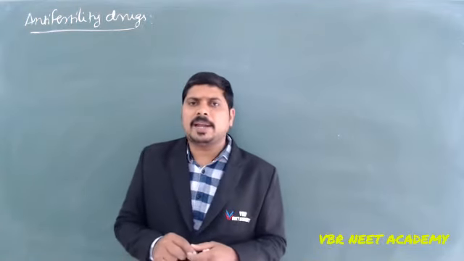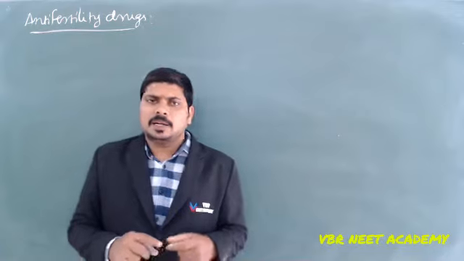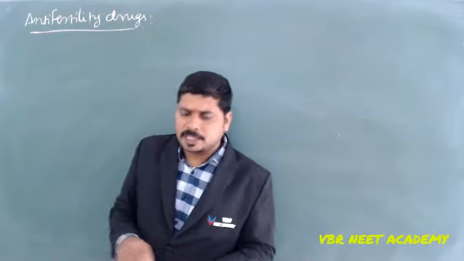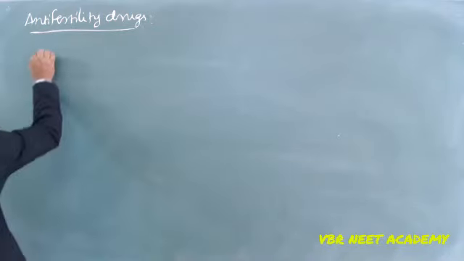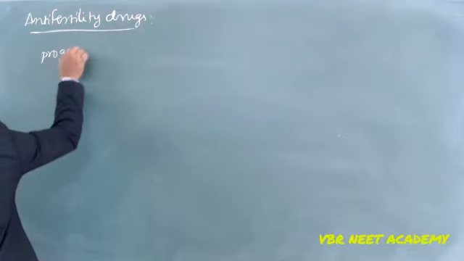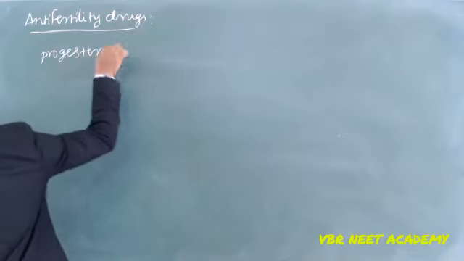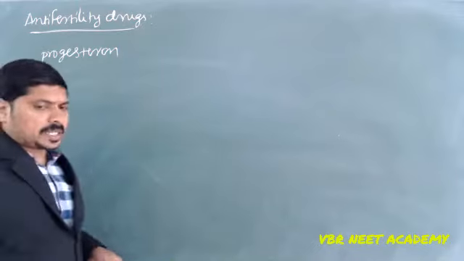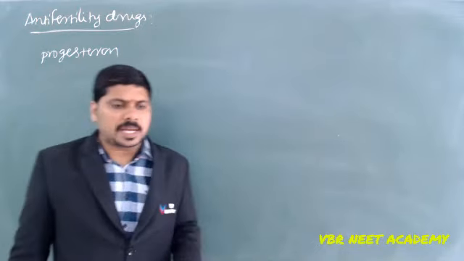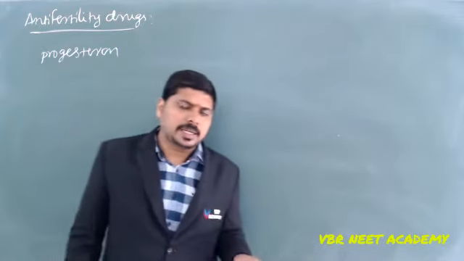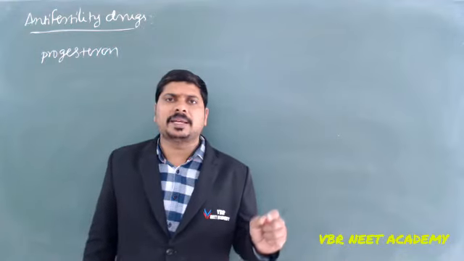So what is a natural anti-fertility drug we have inside? It is progesterone. Progesterone is the best anti-fertility hormone we have inside. When this hormone is secreted, it prevents pregnancy.